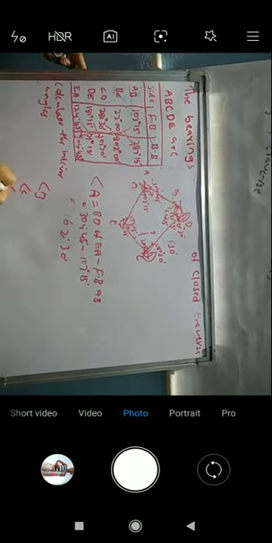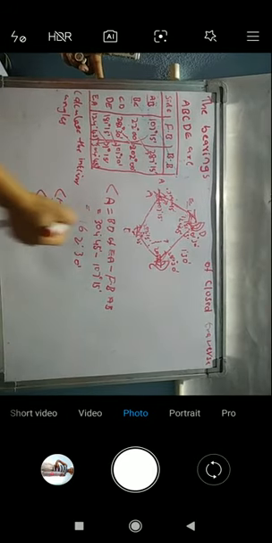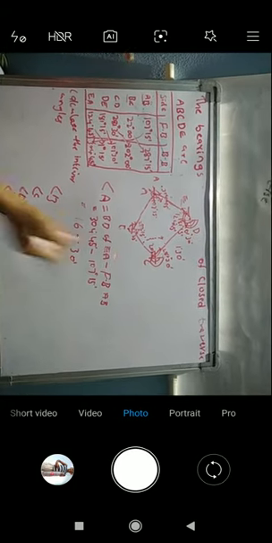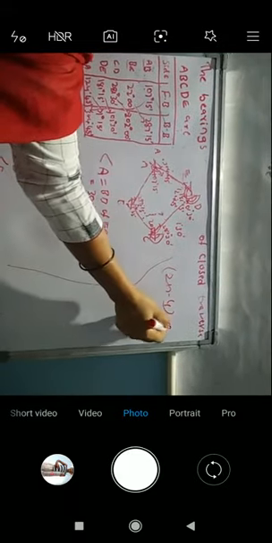So likewise, you can calculate all the angles: angle B, angle C, angle D, angle E. By adding these, you can get the total included angle sum, and then you can check with this formula: 2n minus 4 into 90.